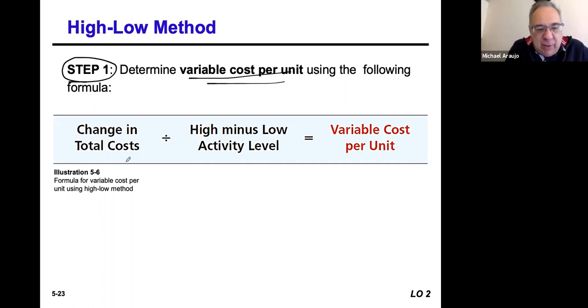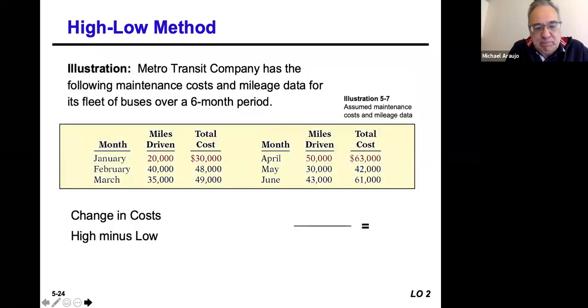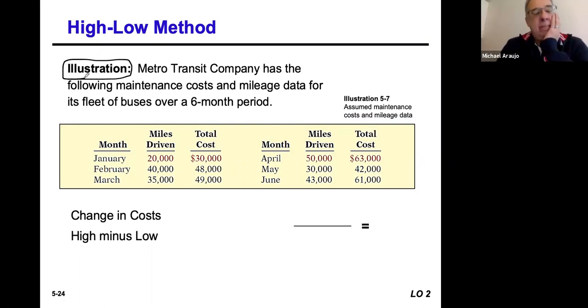We take a look at the change in the total costs of what we just did, and we divide it by something called the high minus low activity level. And we get what's called the variable cost per unit. So you're going to learn how to do this right now. This is how we use the high-low method to determine that.